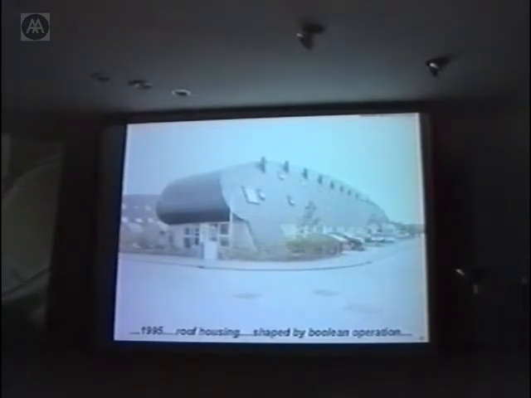The way we shaped our volumes was very much by Boolean operations, using solids and volumes rather than starting off as lines and planes. So we are not really interested in folding planes, but much more in folding volumes and operating on volumes in a Boolean fashion. And by these operations you can calculate any shape really.